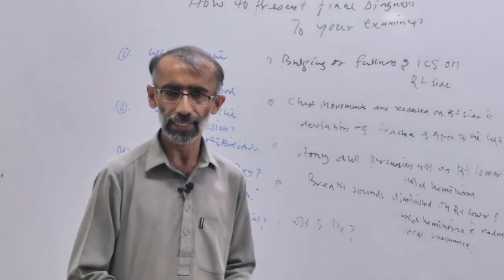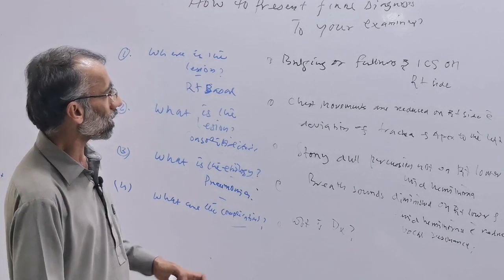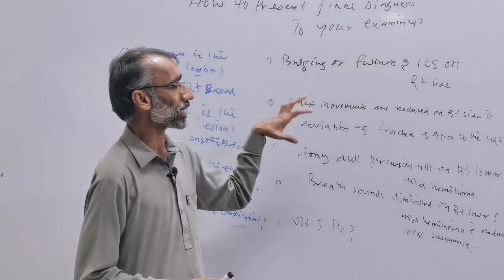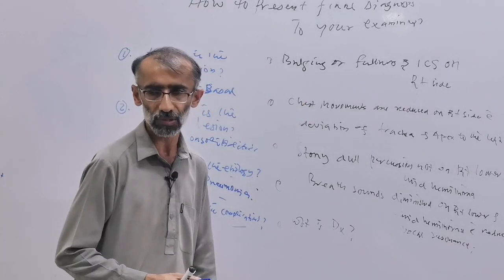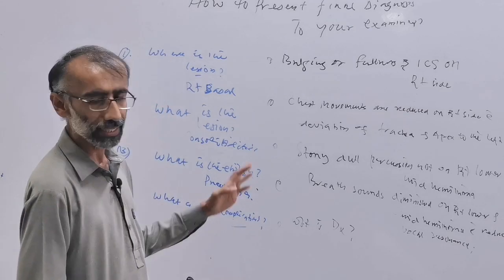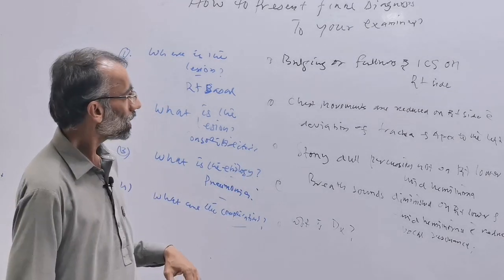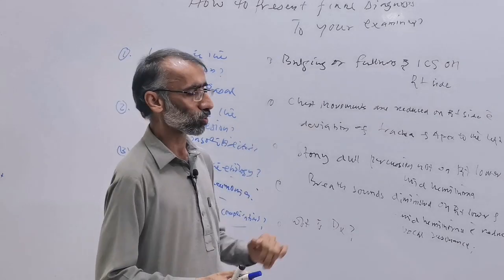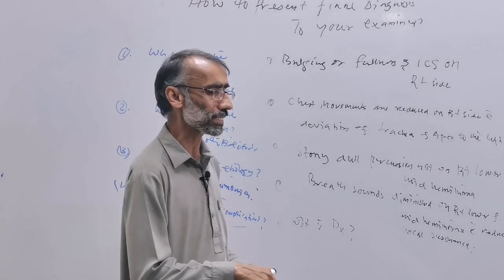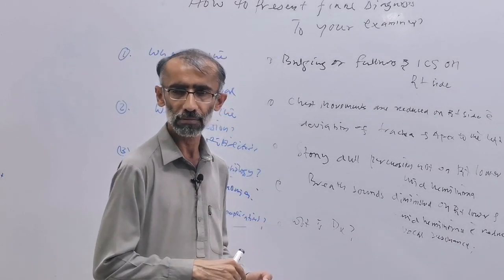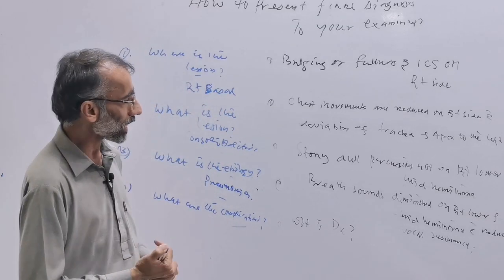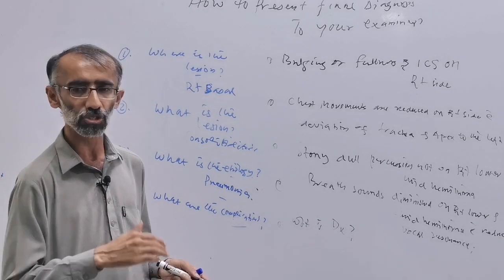You examine the anterior chest and you found there is bulging or fullness of intercostal spaces on right side. Chest movements are reduced on right side with deviation of trachea and apex to the left.